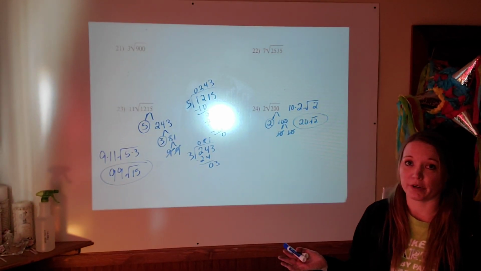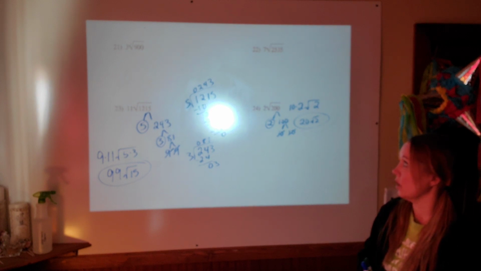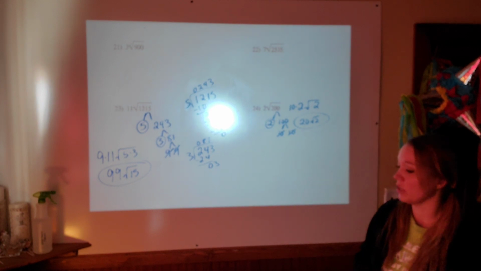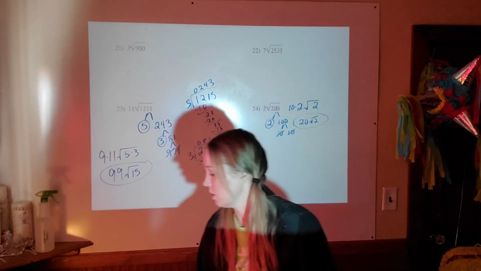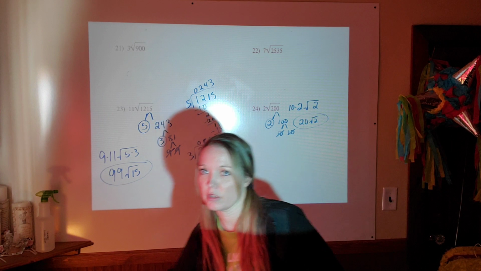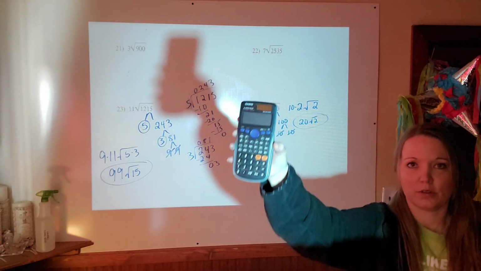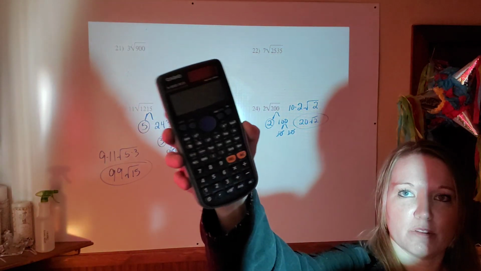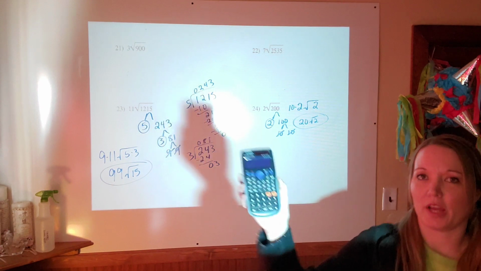Alright, that's all I've got for you. If you have questions as to how to work these out, now I will tell you, those of you who have calculators, now that I made you do all of this work, those of you who have this type of calculator right here, this will simplify these for you.